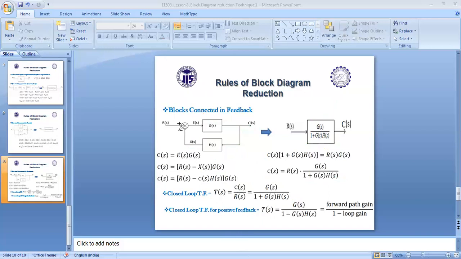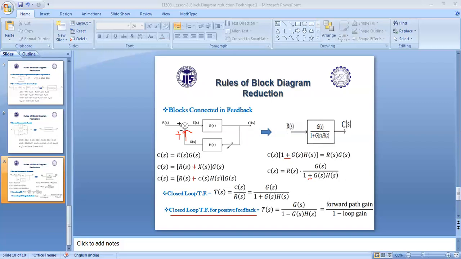Now, if you observe here, the feedback signal is entering the minus terminal. If the feedback signal enters the plus terminal, what will happen? If the feedback signal enters the plus terminal, Es will be Rs plus Xs. So this will be plus, this will be plus, and this will be minus. Here it is mentioned as the closed loop transfer function for positive feedback.